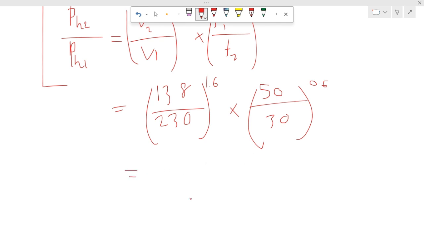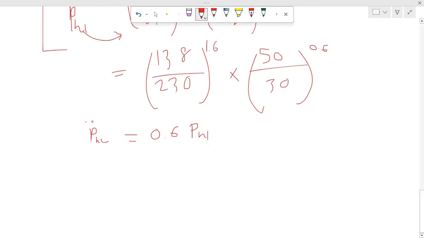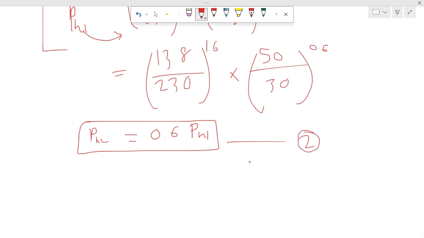The value of this comes to 0.6, so PH2 equals 0.6 PH1. This is another equation, equation 2. Hope you understand up to this.